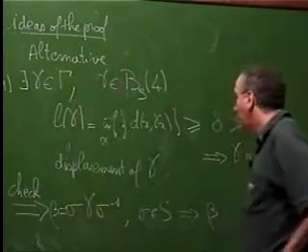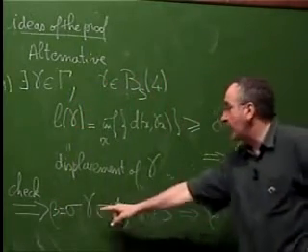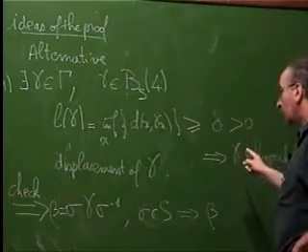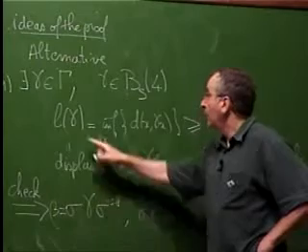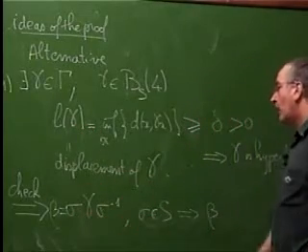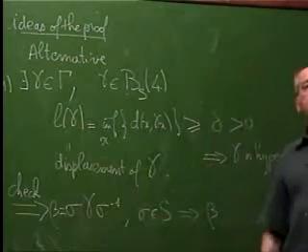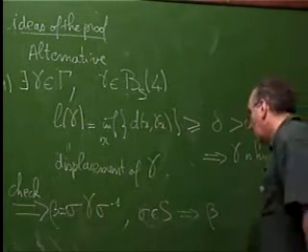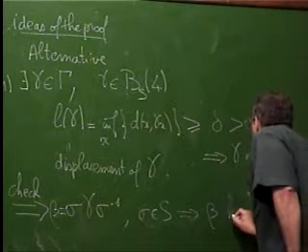It's not difficult to show that you can produce a second element beta, which is a conjugate of this one, which has the same property. And in fact, the displacement of a conjugate is the same as the displacement of gamma. The only difference is that the axes, these are two hyperbolic elements, are different. So beta has the same property.